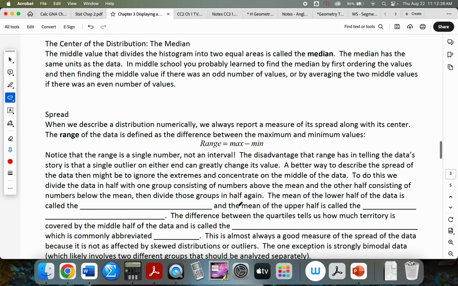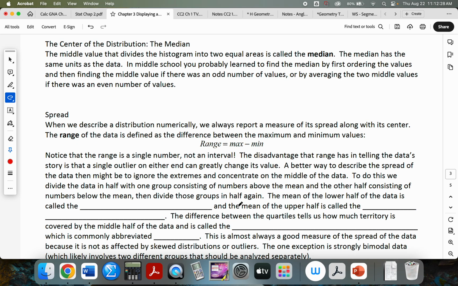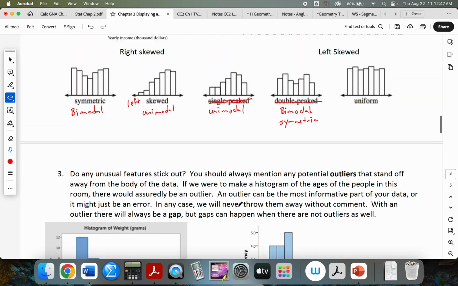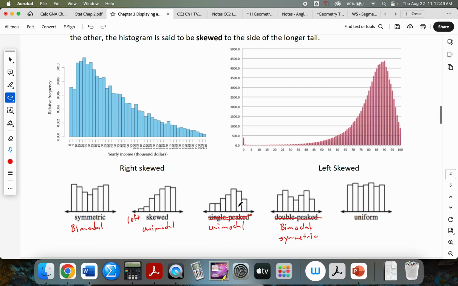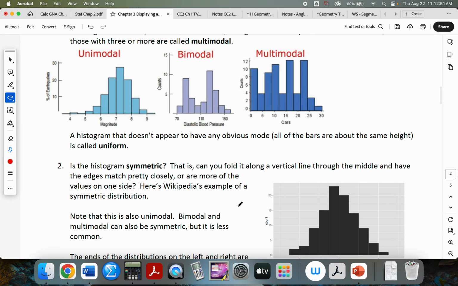All right, so the center. Most of the time we're going to talk about the median when we're looking at histograms. Why? Because if you're looking at a histogram, you don't have the original data anymore, right? But you do have the counts. So you can figure out where the median is.